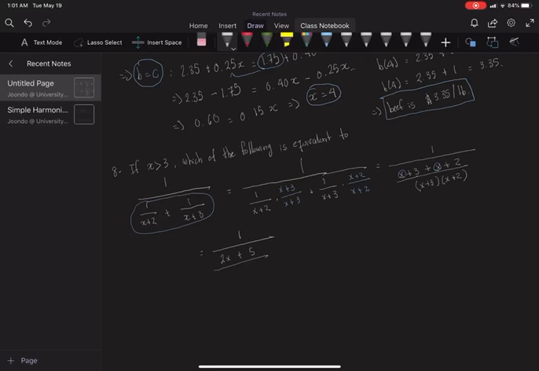X times x is x squared, x times 2 is 2x, 3 times x is positive 3x, and 3 times 2 is 6. So we have x squared plus 5x plus 6.